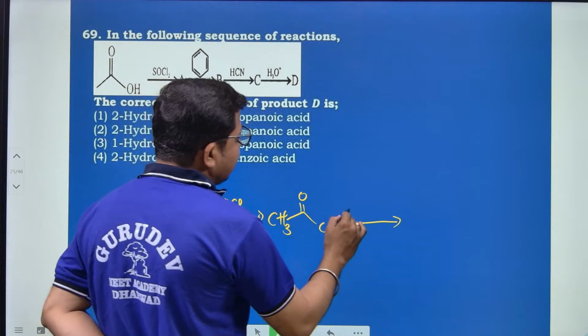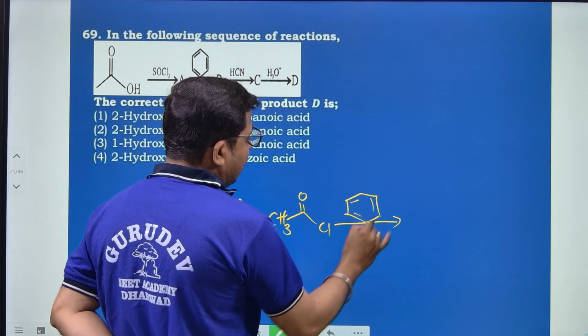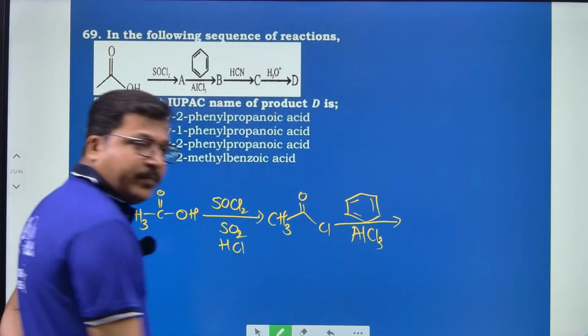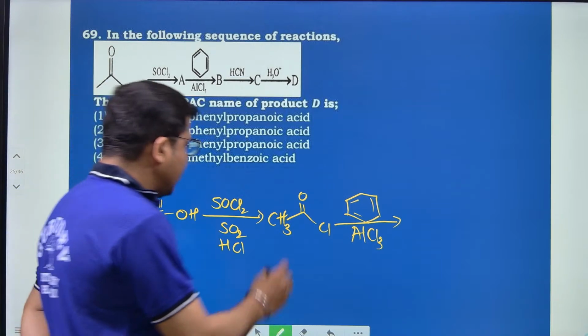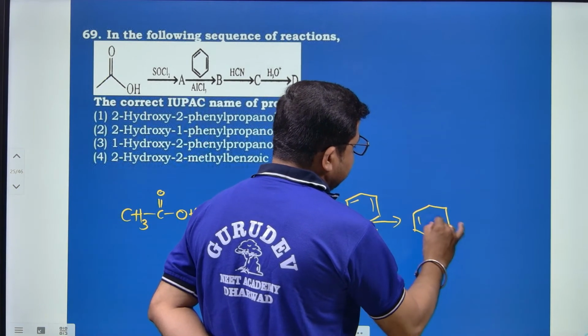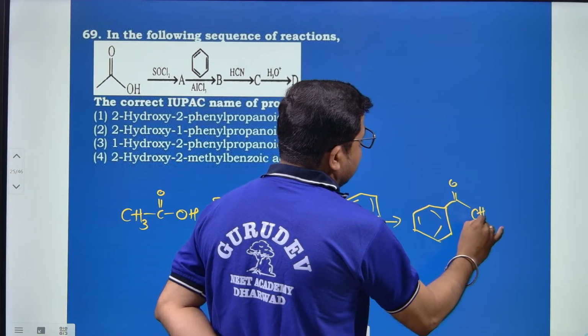This acetylation product on reaction with benzene in presence of AlCl3 will give the direct product, acetophenone, right?